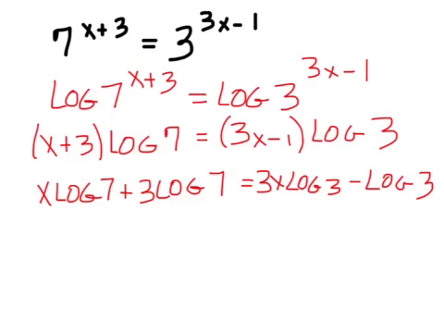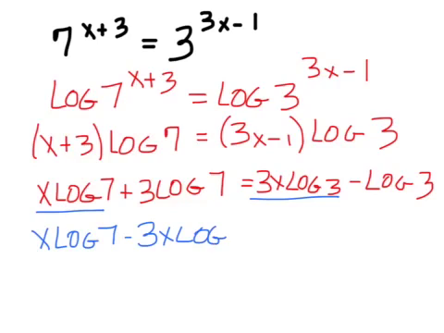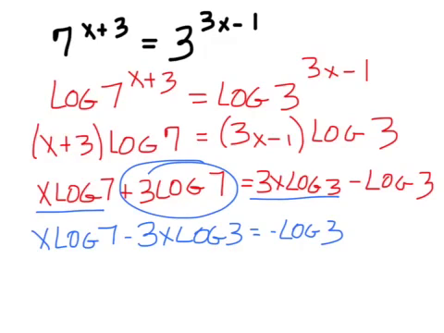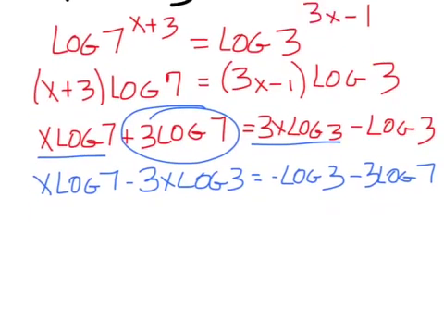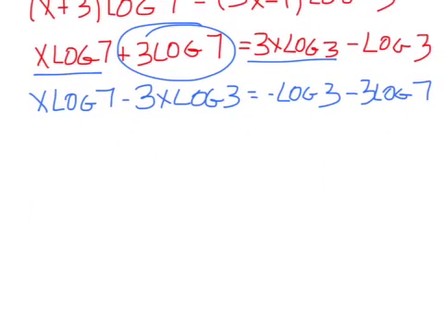Alright, we need our x terms on the left. This one is already there, but that's got to go with it. So x log 7 minus 3x log 3 equals negative log 3 minus 3 log 7. Factor out an x.